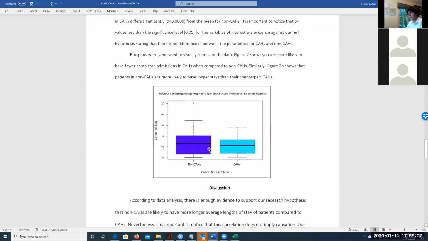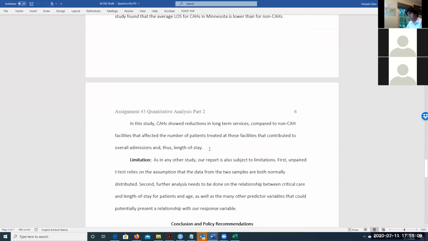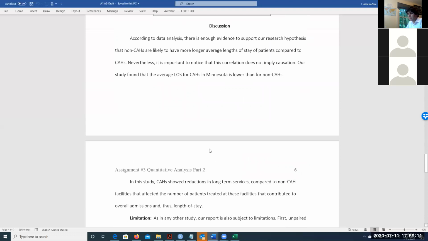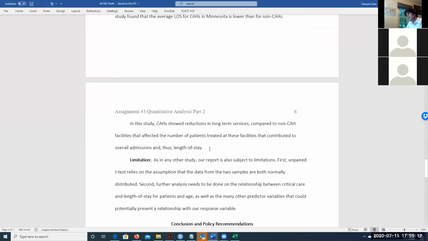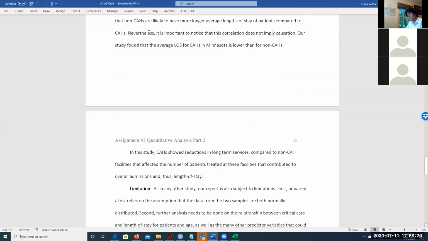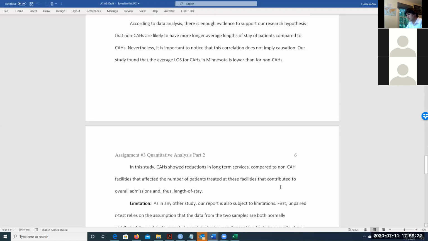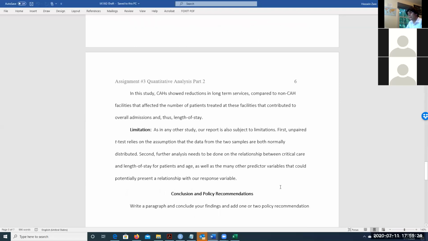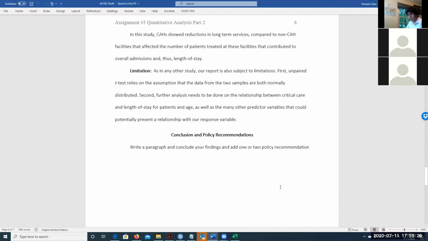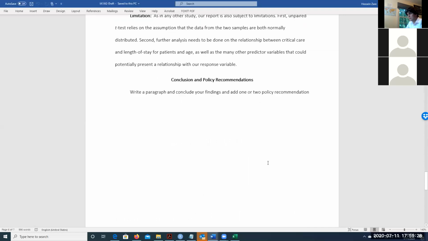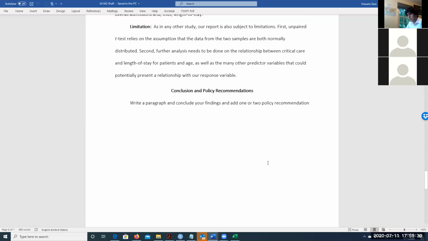Descriptive table, and then discussion. In the discussion, please discuss your thoughts, why you think this is important, why your findings tell you what the other documents tell you. It is good to support your findings with at least one citation here. Make sure to add a limitation and conclusion, not more than 2 or 3 lines for conclusion and recommendation.